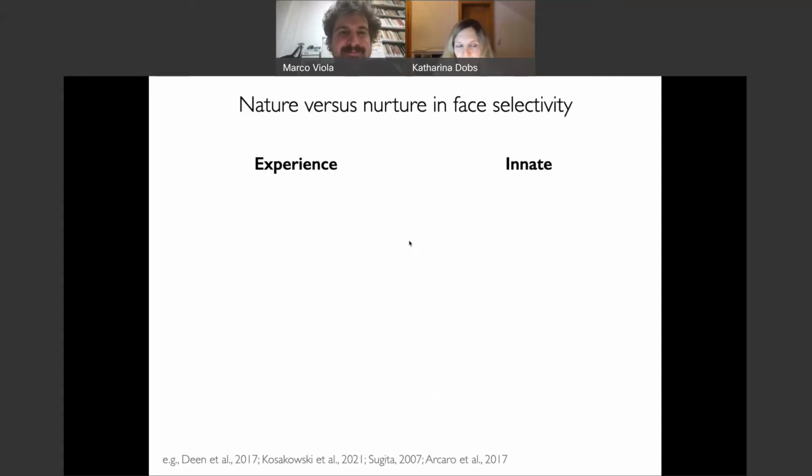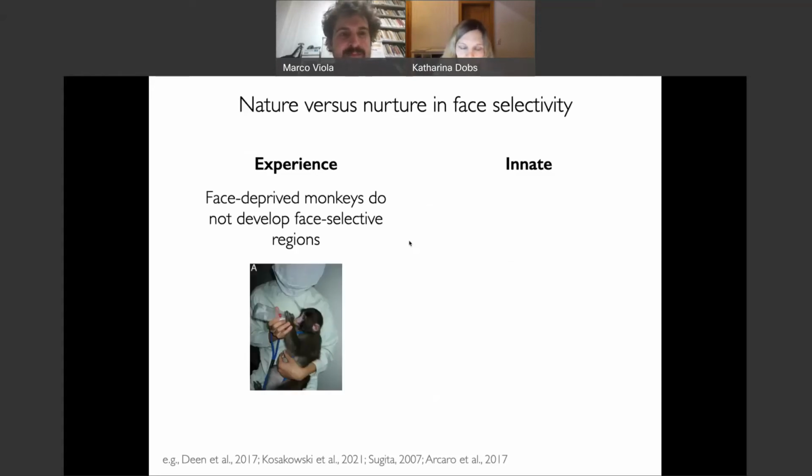On the experience side, there are studies like the one by Michael Caro and others who showed that face-deprived monkeys, so monkeys that were grown up without seeing faces, because the people that raised them were always wearing masks, do not develop face selective regions in their visual system.